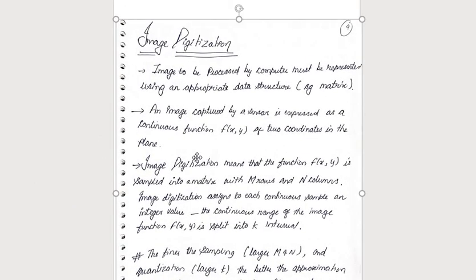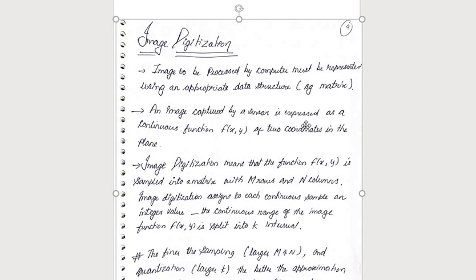Next we have image digitization. Image digitization means that the image to be processed by the computer or machine must be represented using an appropriate data structure, like matrices or matrix representation.